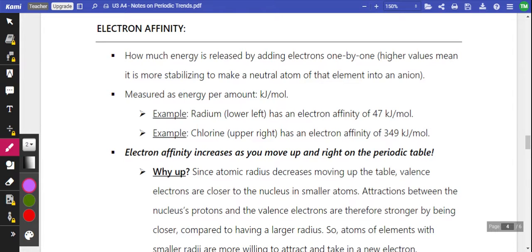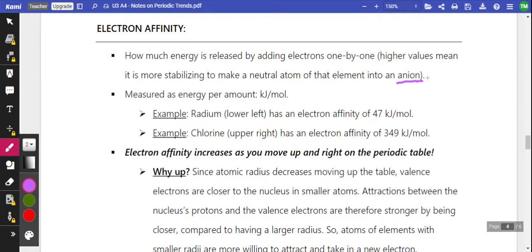Now, of course, this is an analogy, so don't take it for fact, but it might help you wrap your brain around it. So electron affinity is essentially how we measure how much energy is released as we add electrons to an atom. So that means we are turning our atom into an anion.